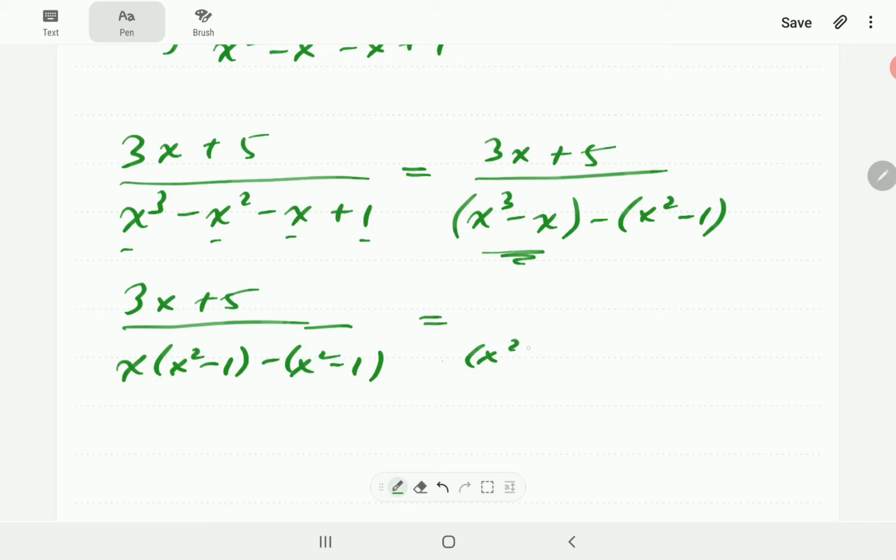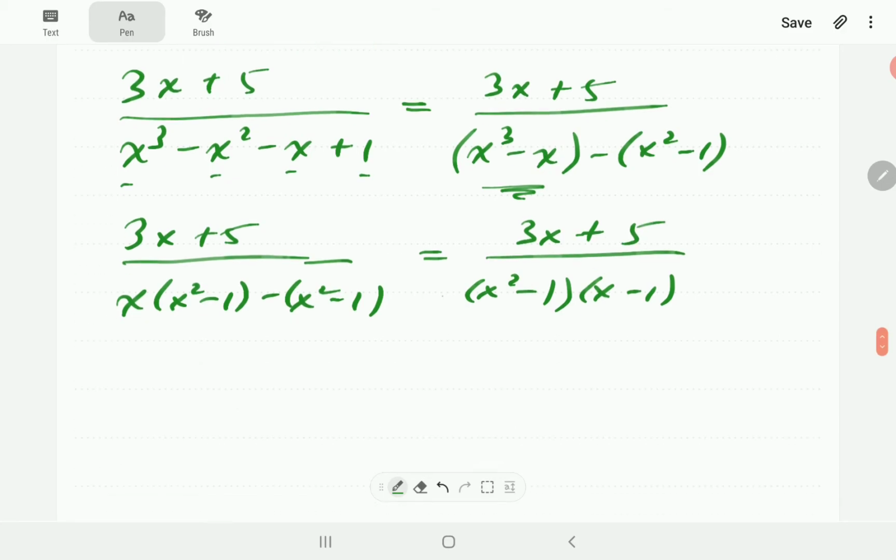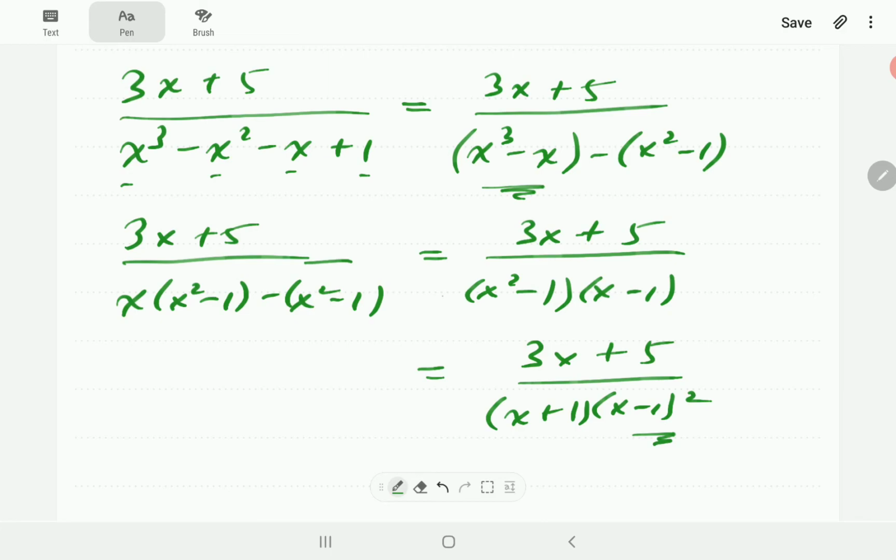Then now we can factor out x squared minus 1, and that's going to be into (x minus 1). Then x squared minus 1 is (x minus 1) times (x plus 1). So it's going to be x into (x plus 1) into (x minus 1) squared. So we've got a repeated linear factor there.